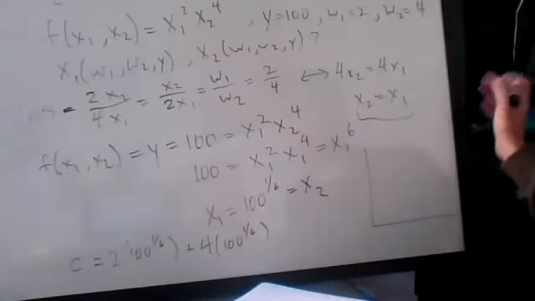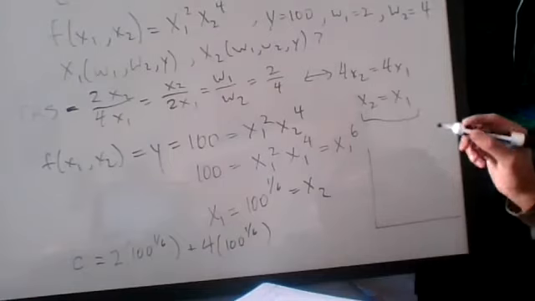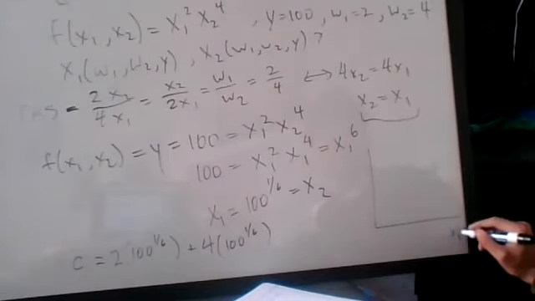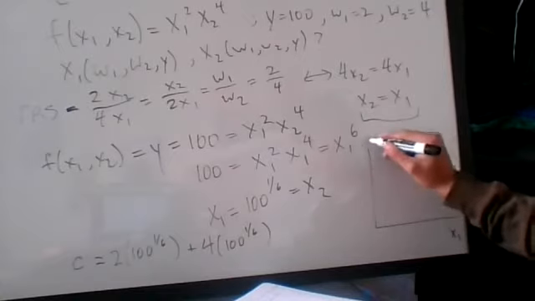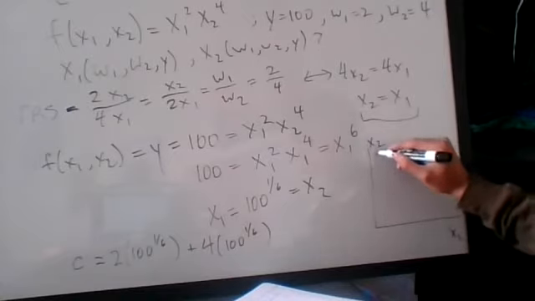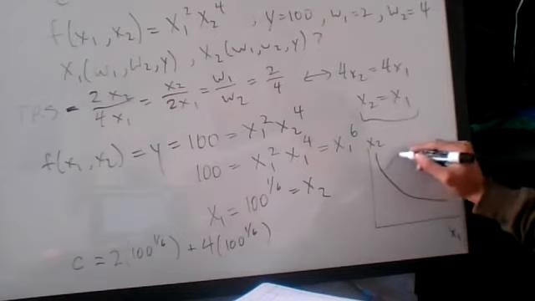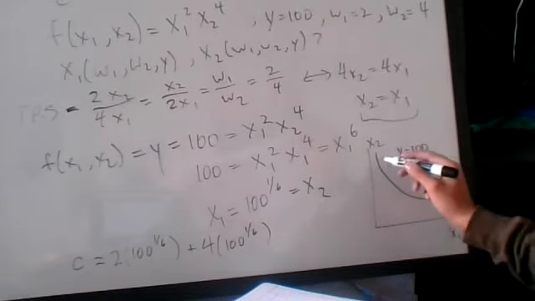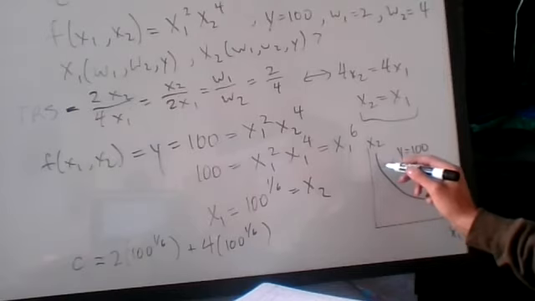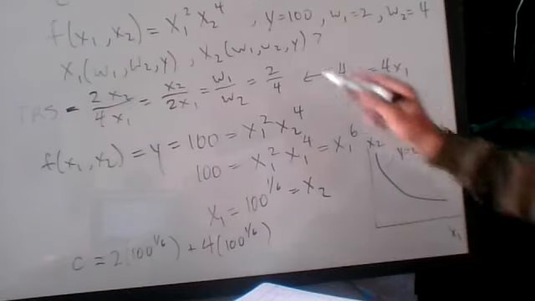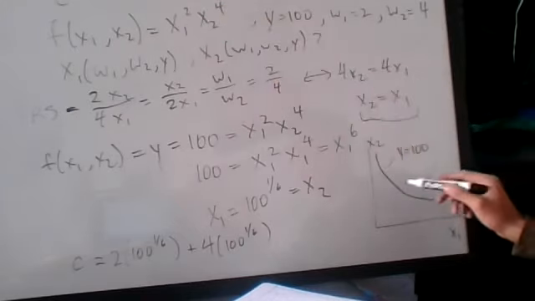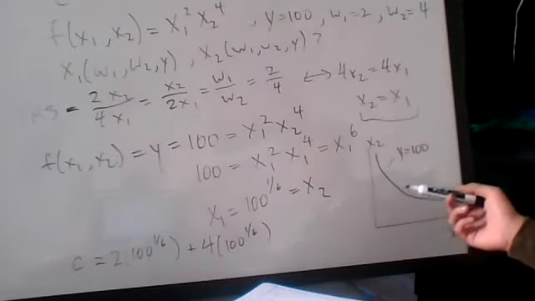Okay, cool. So basically, if you wanted to visualize what this looks like on our x1 and x2 axes, we have a production function, and this is equal to 100. Any combination of x1 and x2 that you multiply out this way would get you 100.